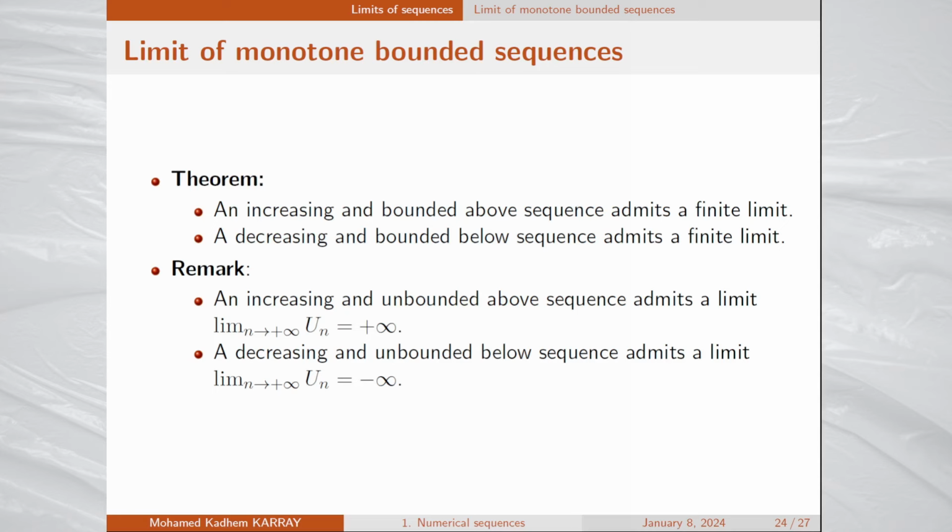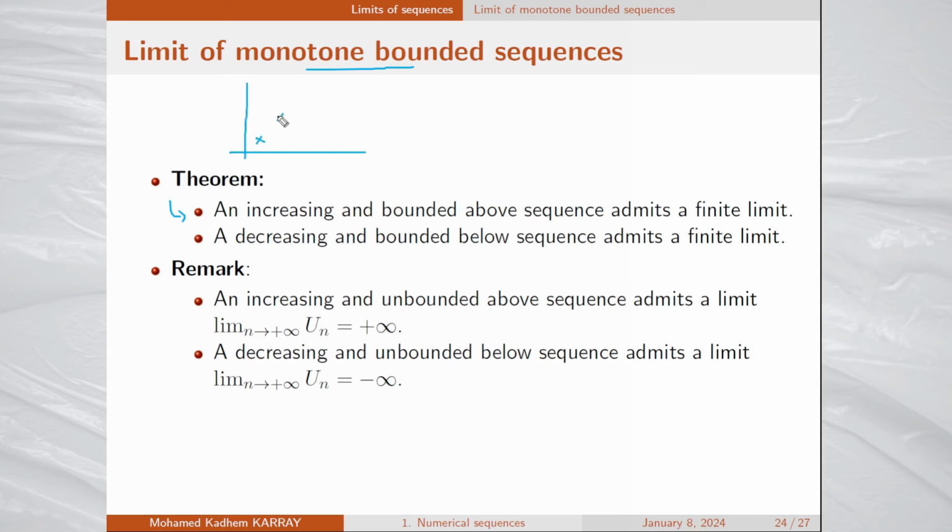We now state a theorem about the limit of monotone bounded sequences. The first result says that an increasing and bounded above sequence admits a finite limit. So this is an example.